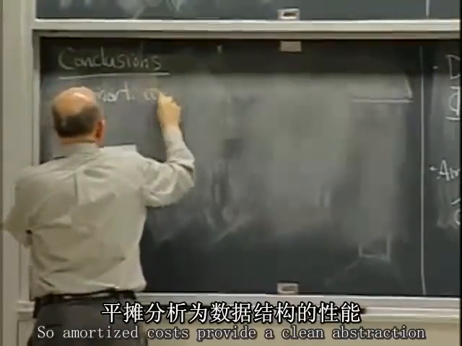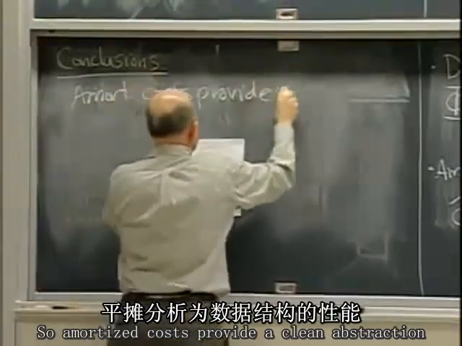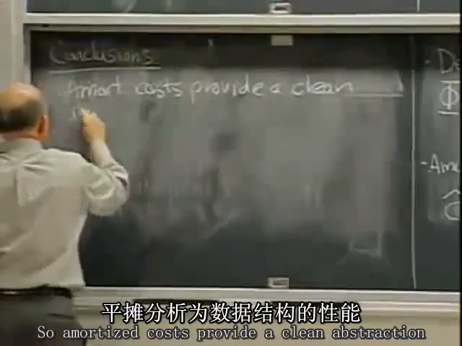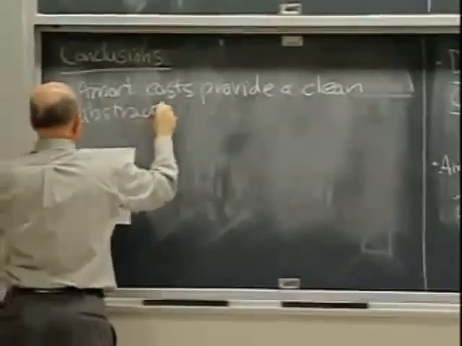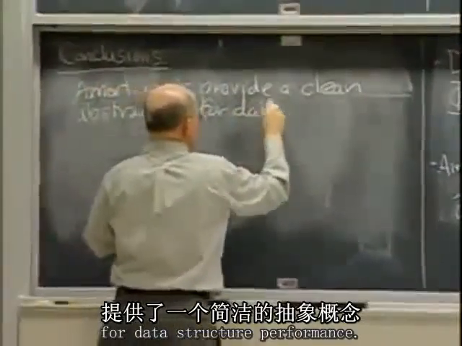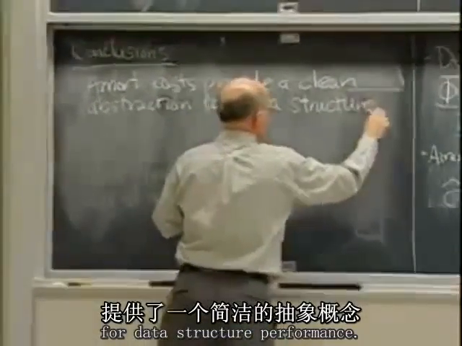So amortized costs provide a clean abstraction for data structure performance.